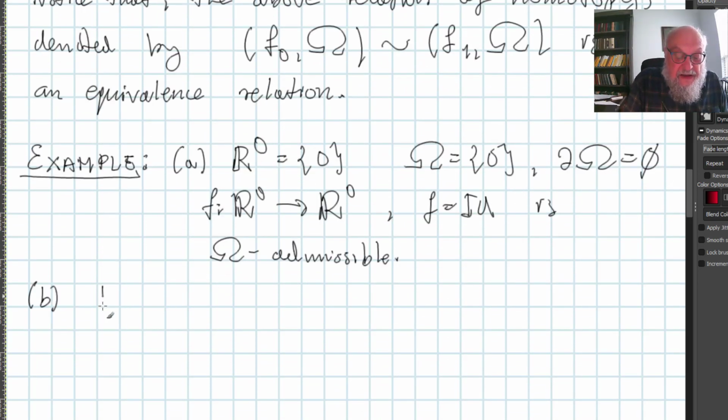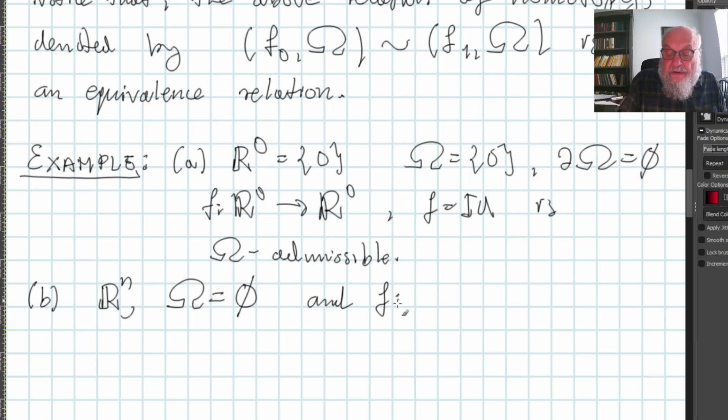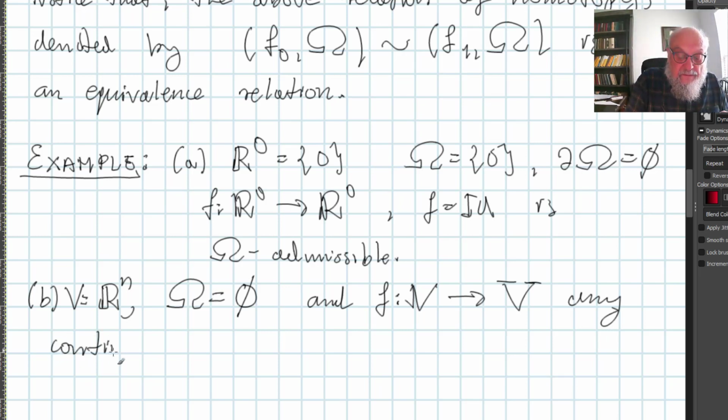The second one, take R^n and take omega being an empty set, and f going from V to V, where V is our R^n. Any continuous map f.